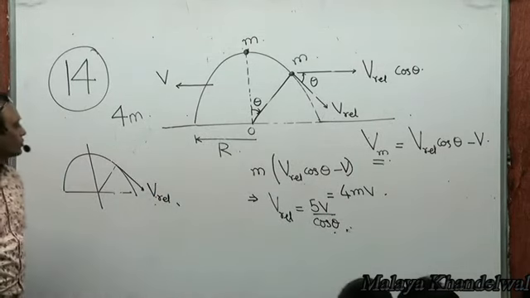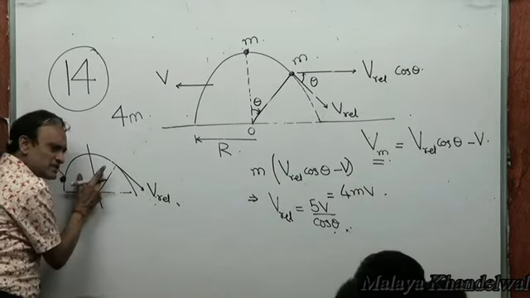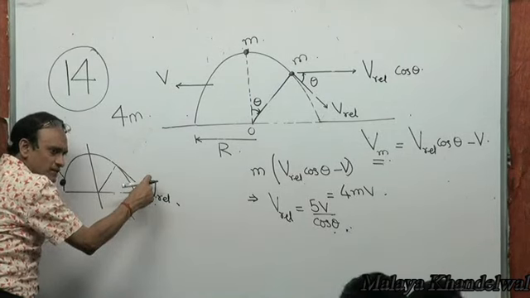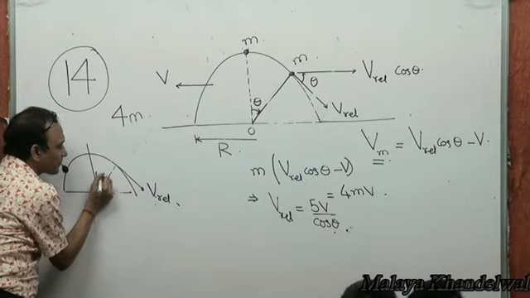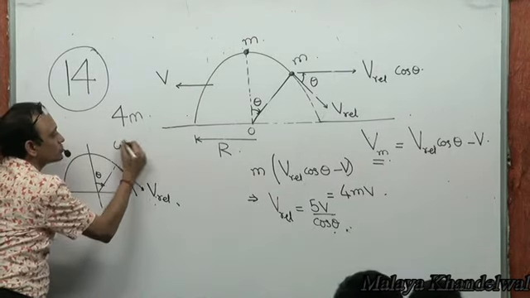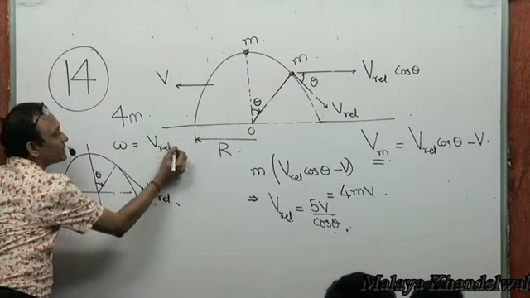Yes or no? Now what is it that I mean by this relative velocity? It's as if the hemisphere is at rest and this particle has a tangential velocity like this. This angle is theta, as if the hemisphere is at rest. That means the angular velocity with respect to the hemisphere is the tangential velocity vrel divided by the radius r.